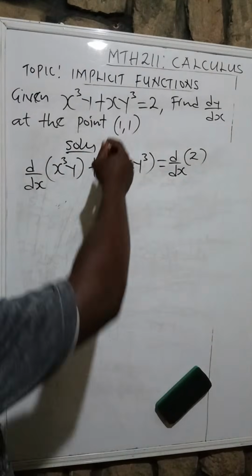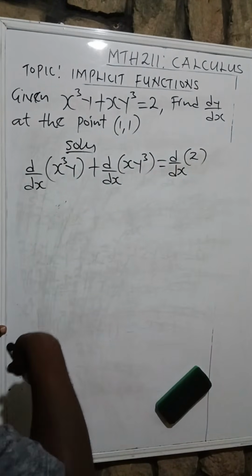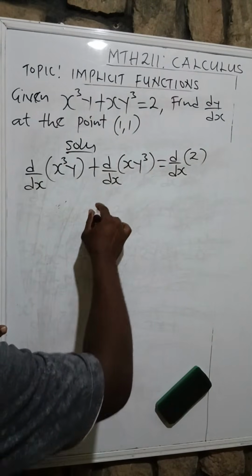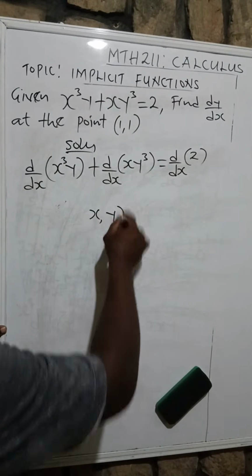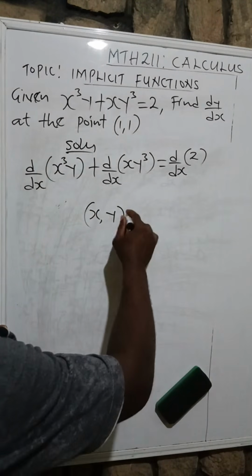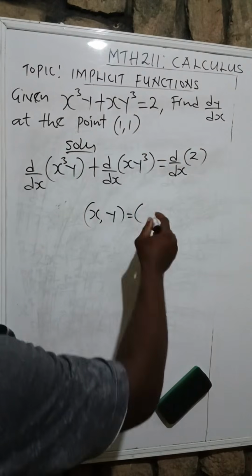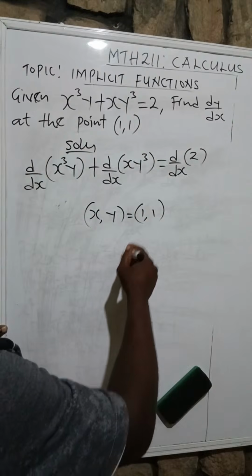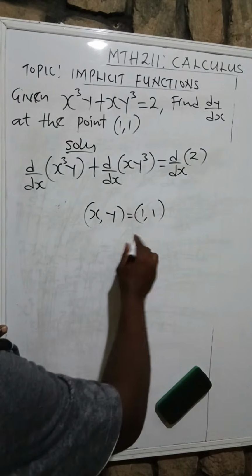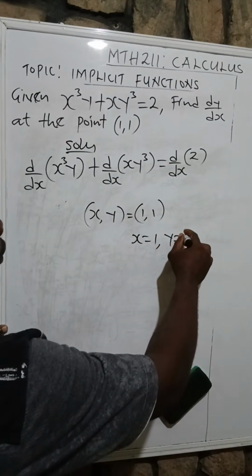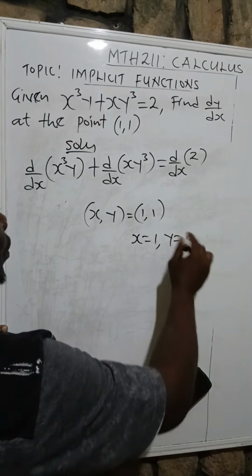This is a two-coordinate point, so the given point 1, 1 means x is 1 and y is also 1.